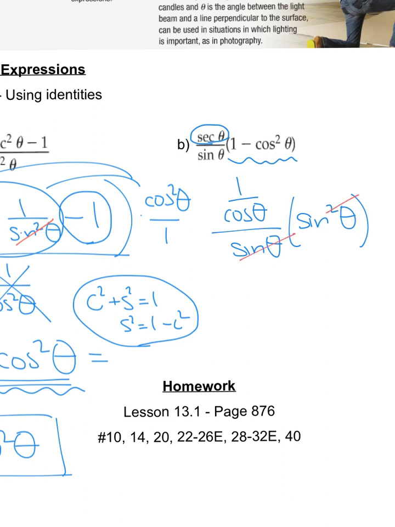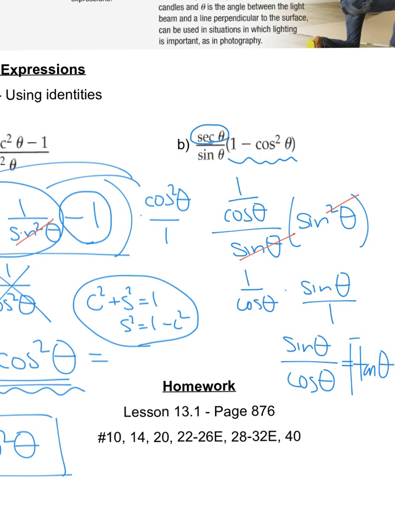The sines go away. And if we continue to simplify, we essentially have 1 over cosine theta times sine of theta. I can put that over 1. So I have sine over cosine, which is pretty simplified. But remember, what do I know about sine over cosine? Well, that's how I get my tangent value.